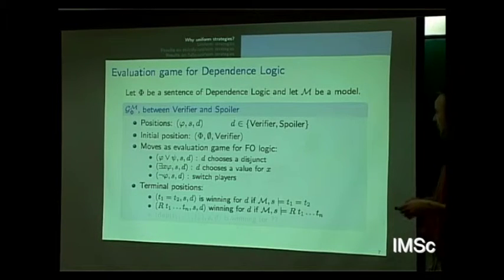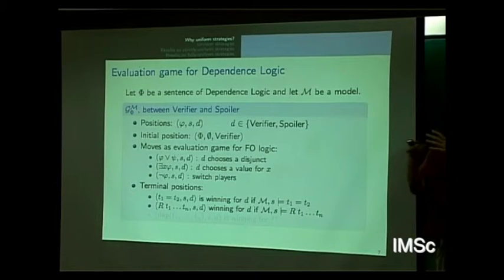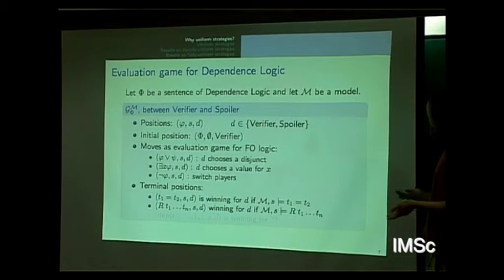So of course, all plays are finite because you decompose the formula and you reach an atomic formula. And you have to say which terminal positions are winning for whom. So if it's a formula of this kind, then it's winning for the player currently in charge if this is true in the model with the current assignment.